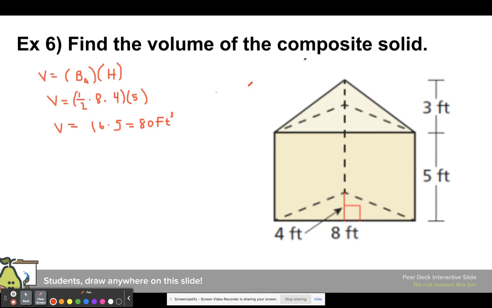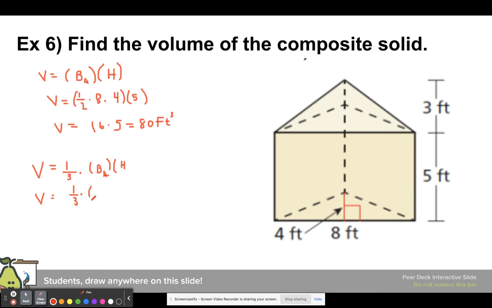Then I'm going to find the volume of my pyramid. Remember, the volume of a pyramid is 1/3 times the area of the base times the height of the pyramid. The nice thing is the base shape for this triangular pyramid is the same as the base of the prism, because both of these sides match up.